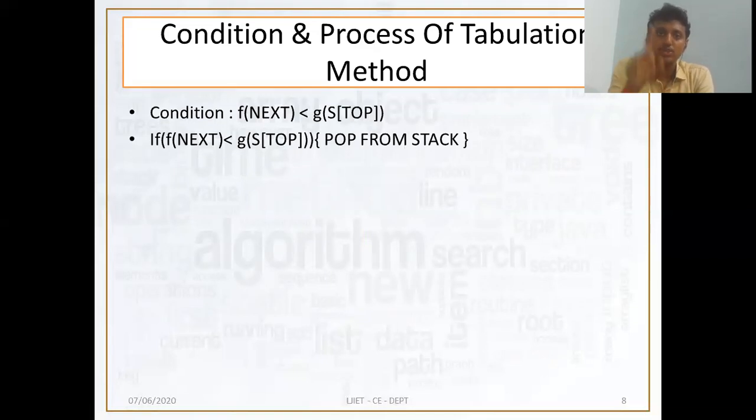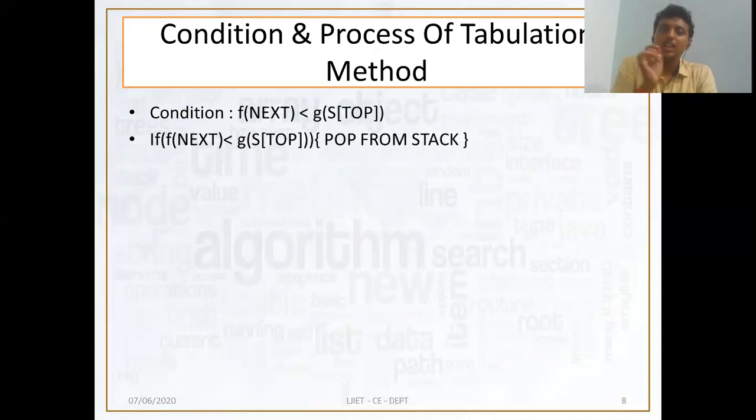First function shows f, that is outside the stack. Second function shows g, that is inside the stack. So here the condition is if the precedence of next is less than the precedence of top, then do pop, else push.